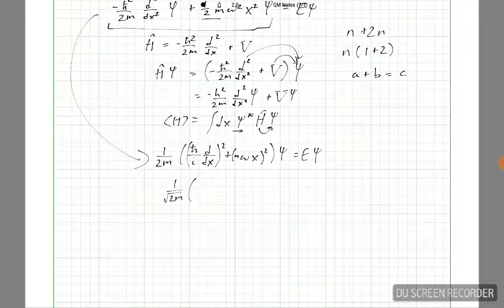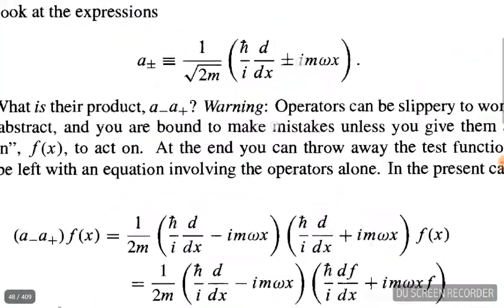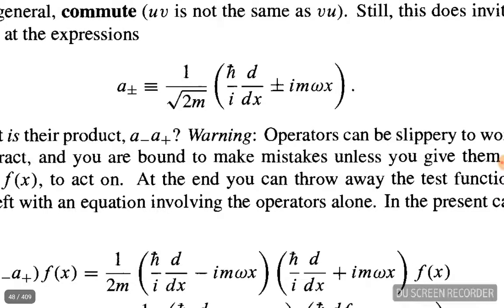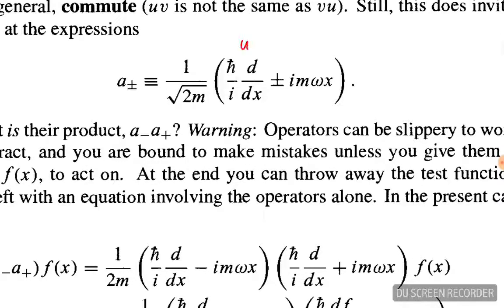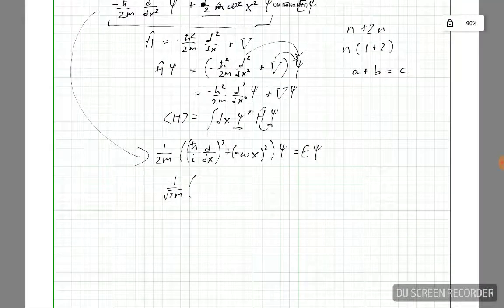And then we can have our square root, so like our u and our iv. So we had that term squared, so we just take the square root of it, which is easy. That's just h bar over i d dx.